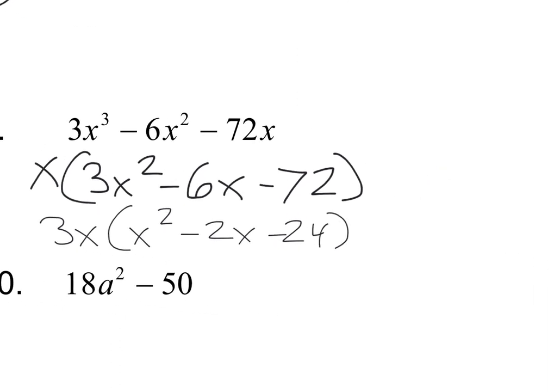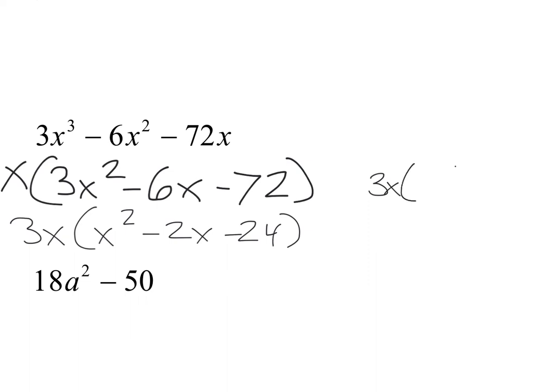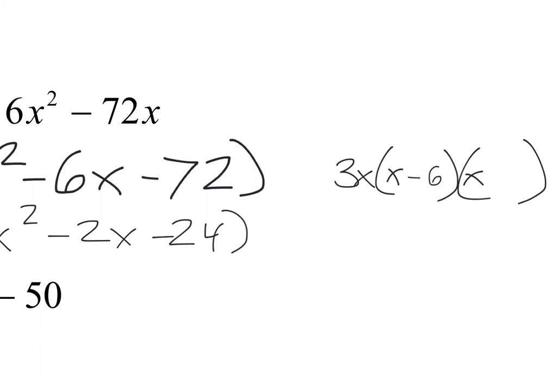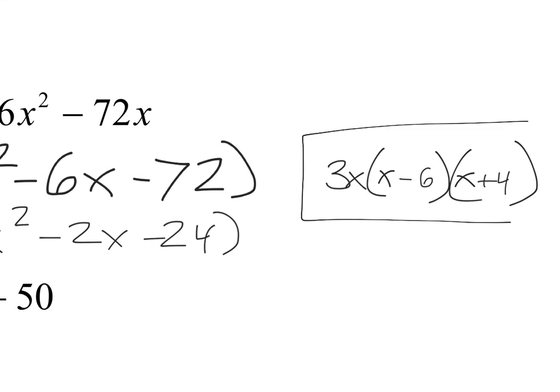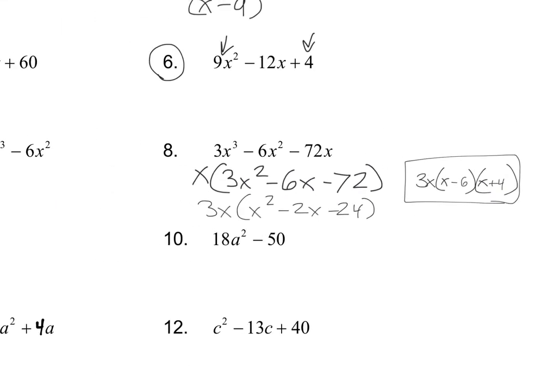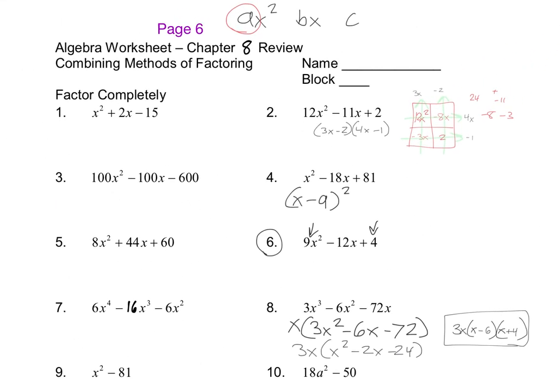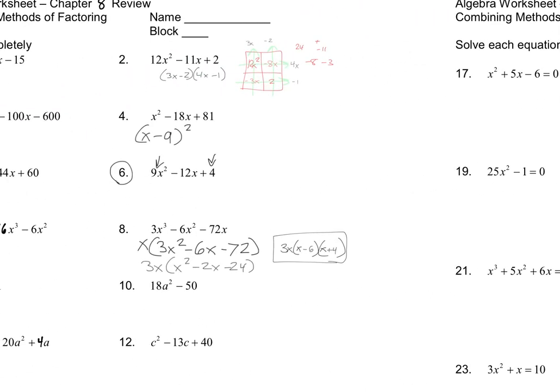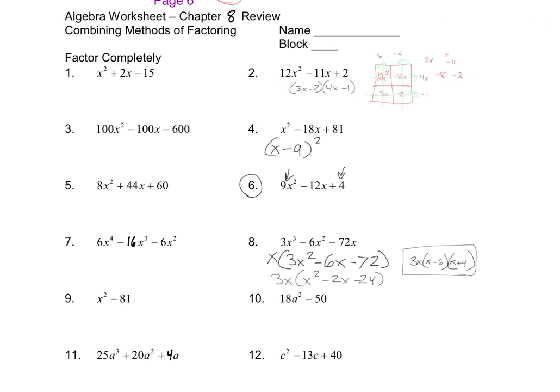So this one ends up, after a greatest common factor, being the easy type, to where I just need numbers that multiply to negative 24, that add to a positive 2. Sorry, add to a negative 2, that'd be negative 6, positive 4. So you'll get a whole mixture on number 6 and number 7. So be sure to use all of our different methods from the previous pages to help accomplish your goals.